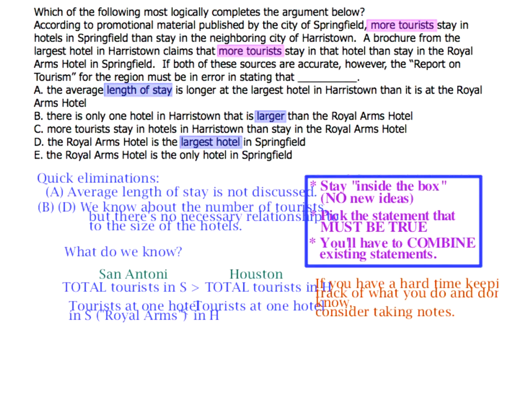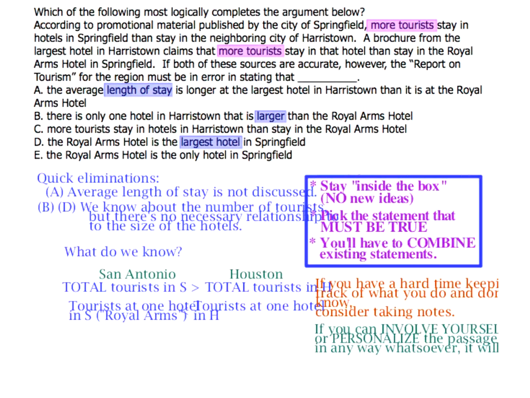Because if you can personalize anything at all in any way whatsoever, like San Antonio and Houston are places I've actually been to and that I know something about. If you can involve yourself, even only by including the names of towns you actually know, it will be much easier to think about.